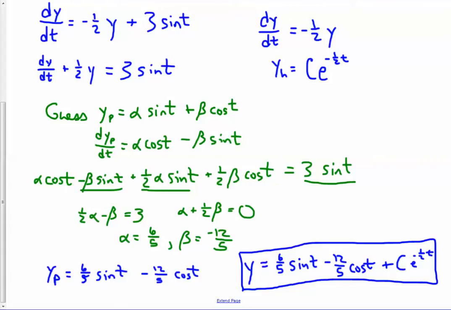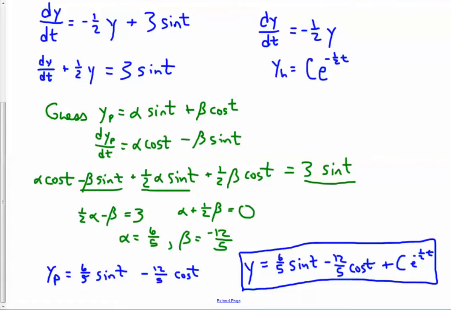Let me just say that in general, a little more general than this particular example, our particular solution is whatever it is, and then we'll have plus c times a negative exponential. We'll always have that negative exponential term if we have one of these linear differential equations with a negative a.